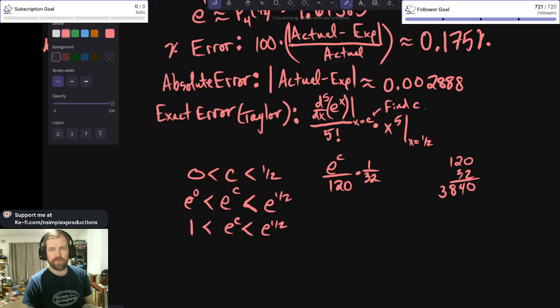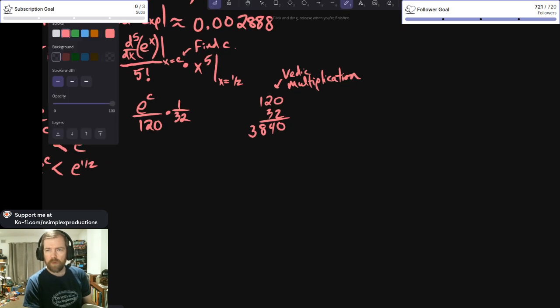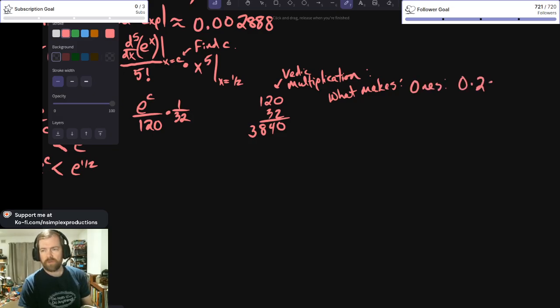Anybody not seen Vedic multiplication? It looks an awful lot like regular multiplication, but what we're doing is asking what makes the ones, in this case 0 times 2, which is 0.